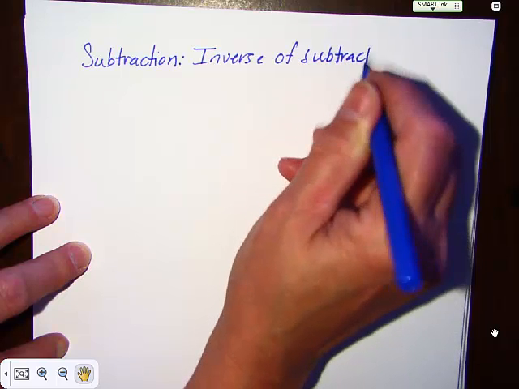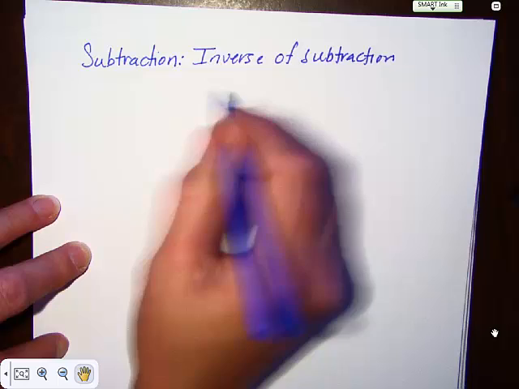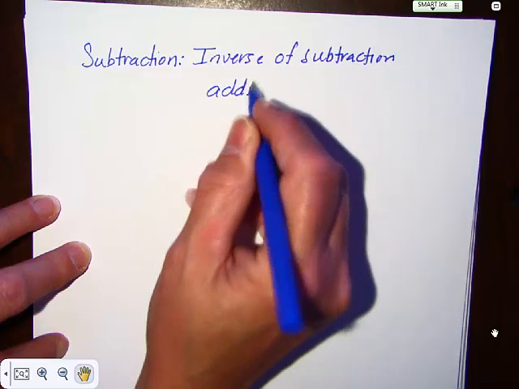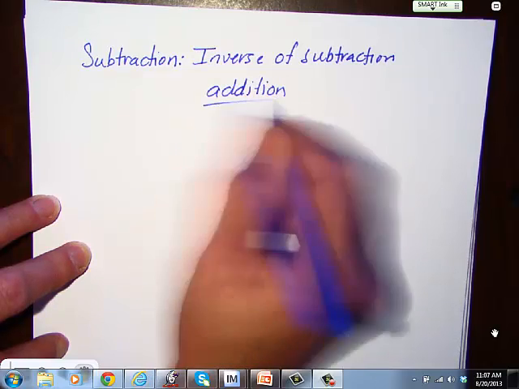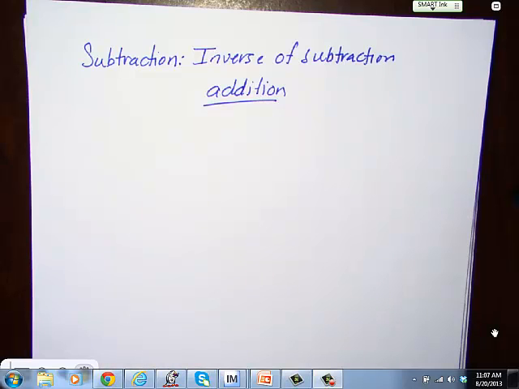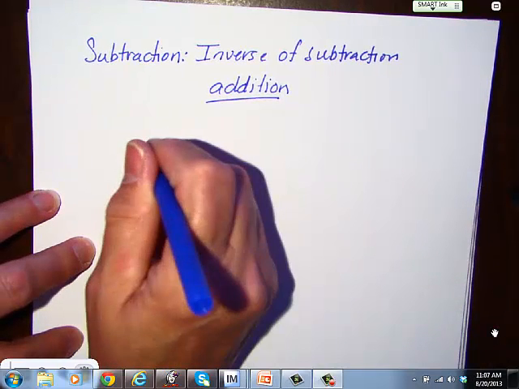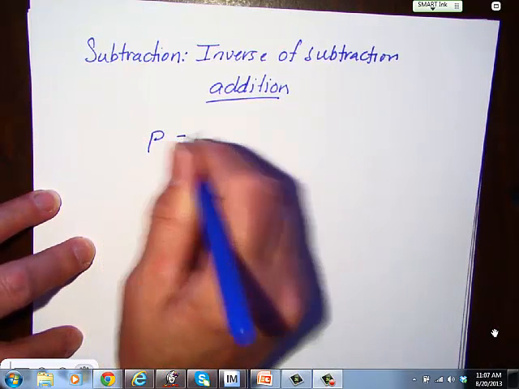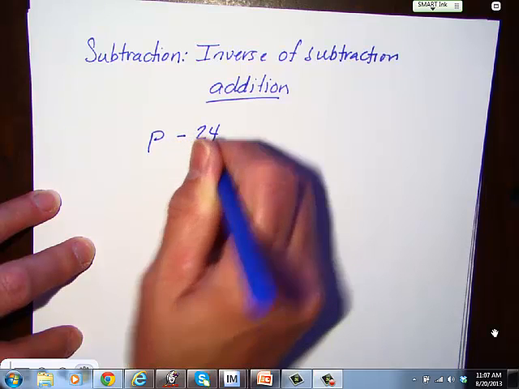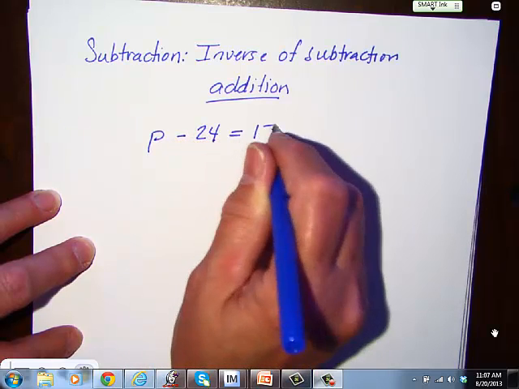Well, guess what? That is addition. So, if we have a missing number and we need to solve and try to find that number and it's a subtraction problem, we're going to use addition. So here's an example. P minus 24 equals 17.